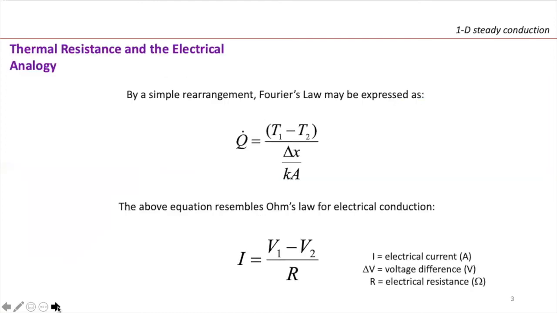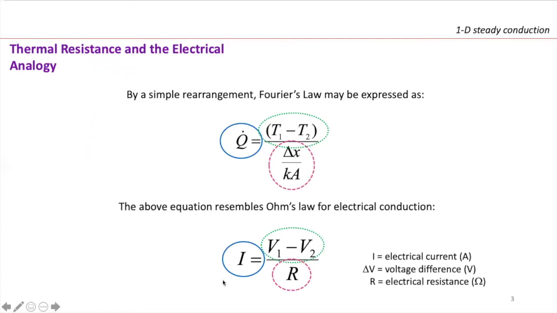So if we arrange our Fourier law similar to Ohm's law, we can see a lot of resemblance, right? In Fourier's law it is the delta T, which is the driving force, whereas in Ohm's law it is the delta of voltage that results in an electrical current.